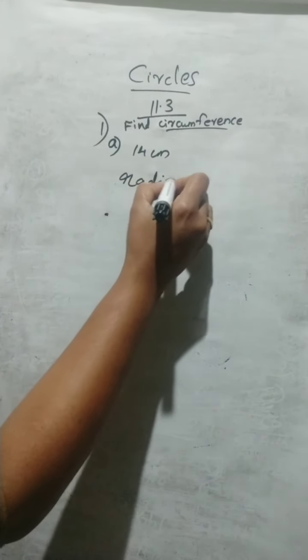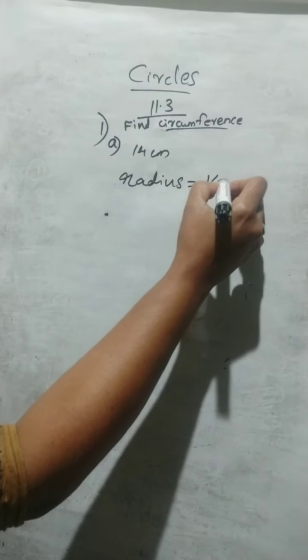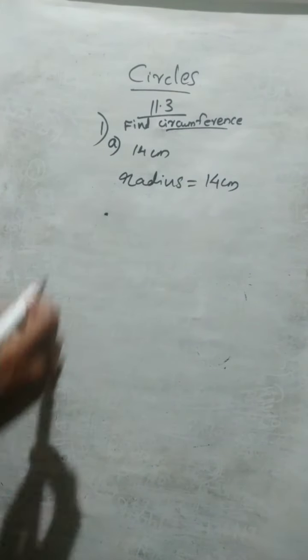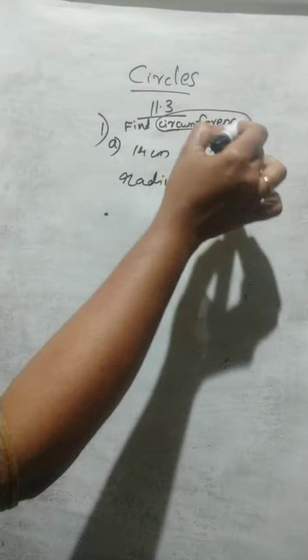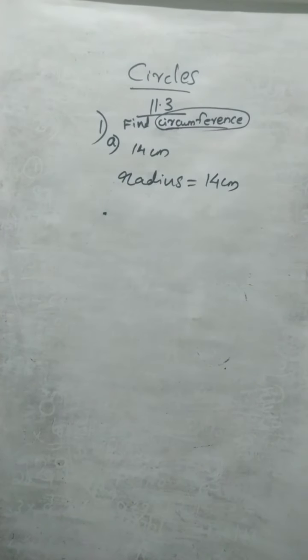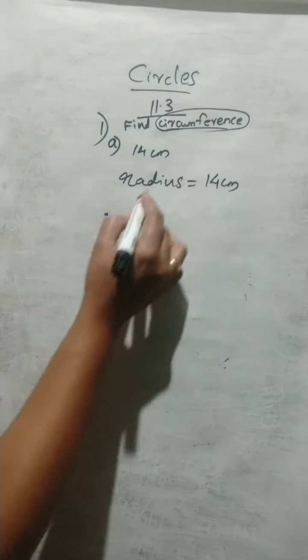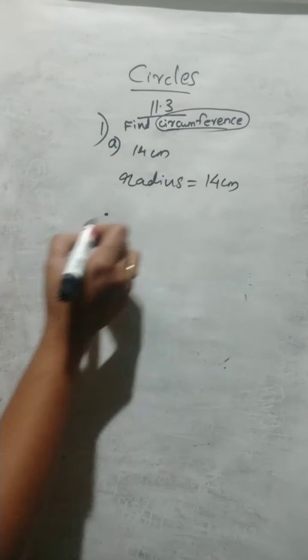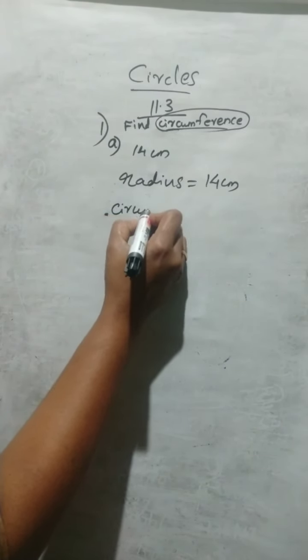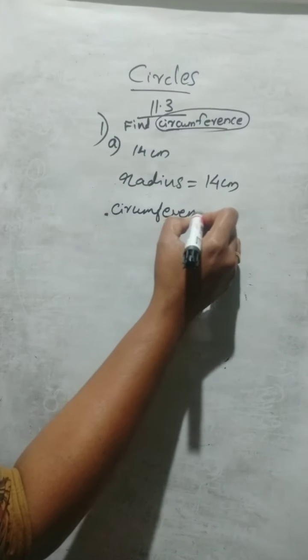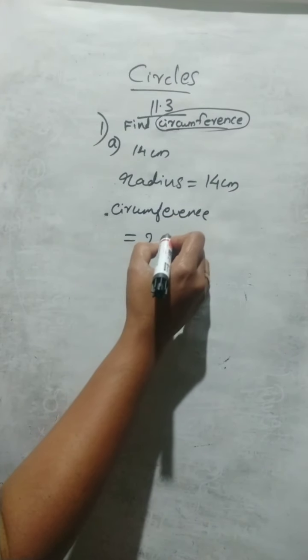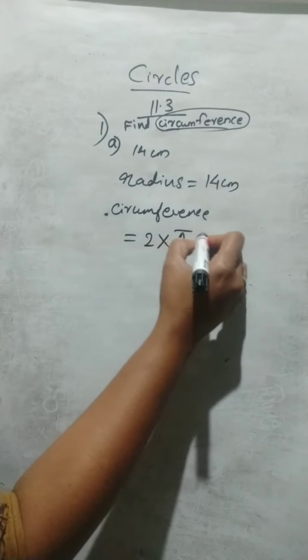The equation for finding the circumference of a circle is 2 pi r. Now the radius is given, so circumference is equal to 2 times pi times r.